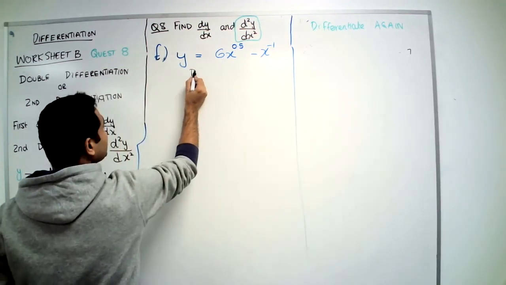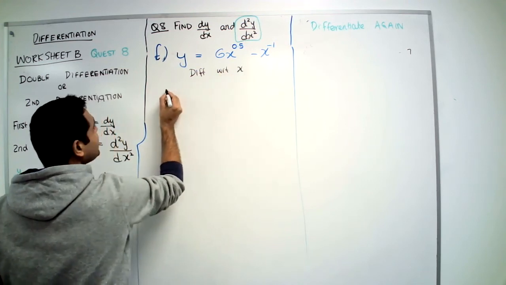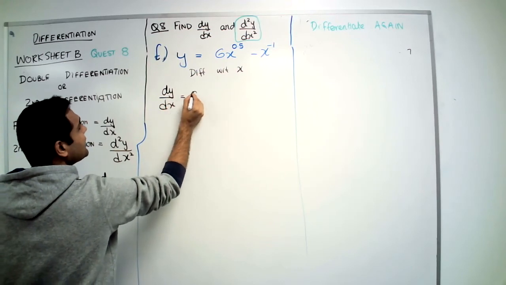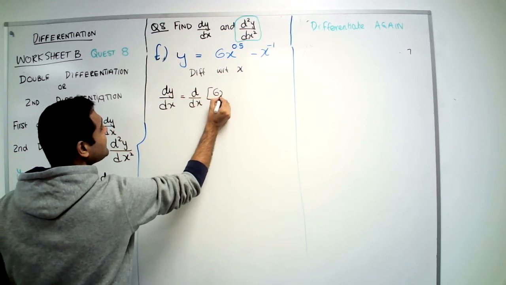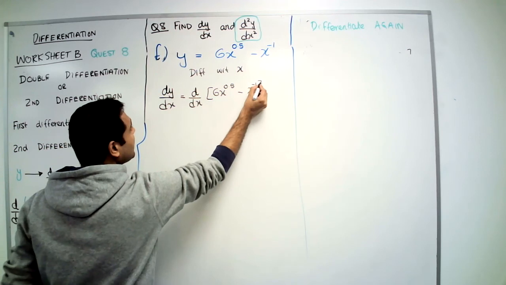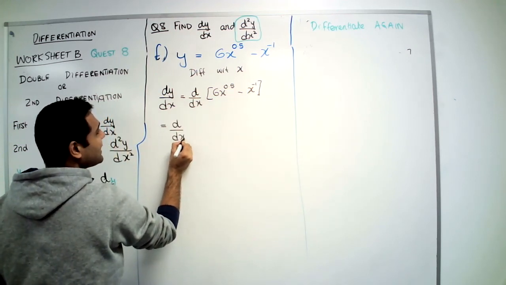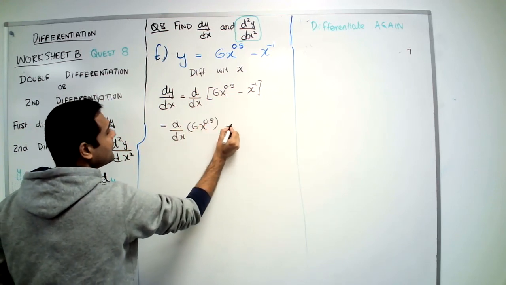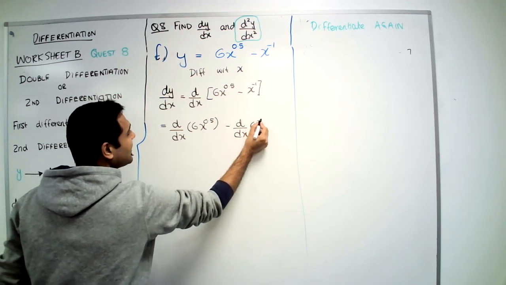So for the first differentiation, I differentiate with respect to x. That will become dy over dx, d over dx of 6x^0.5 minus x^-1, which will give me d over dx of 6x^0.5 minus d over dx of x^-1.